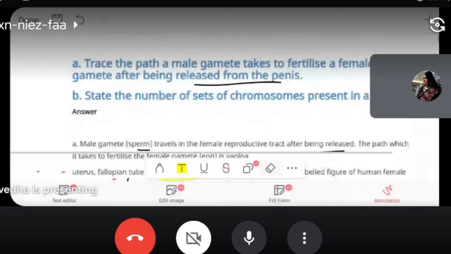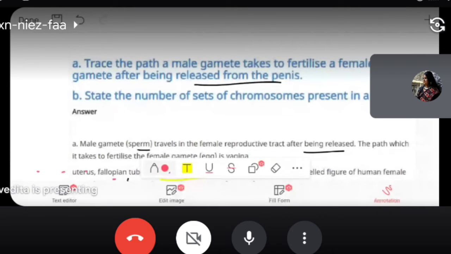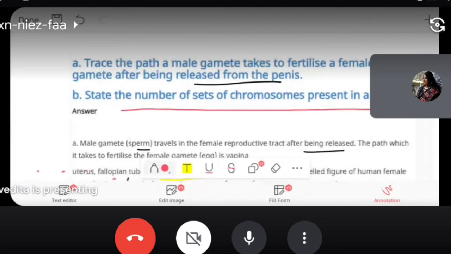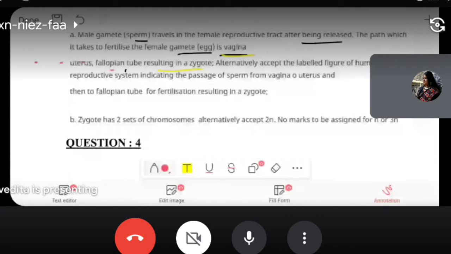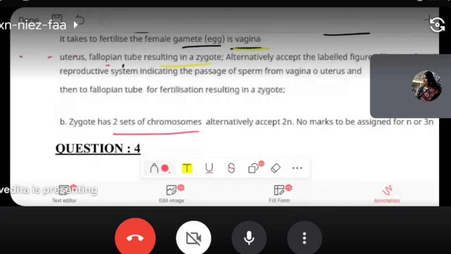The next portion of this question was: state the number of sets of chromosomes present in a zygote. So here the zygote has two sets of chromosomes; alternatively accept 2n. No marks to be assigned for n or 3n. As I had told when I explained the chapter, any cell has 2n chromosomes. But in the case of the zygote, a single n will come from the female, that means from the mother, and another n will come from the father.